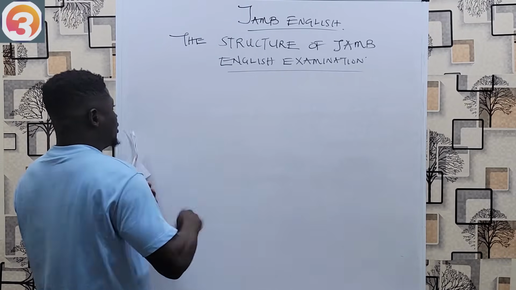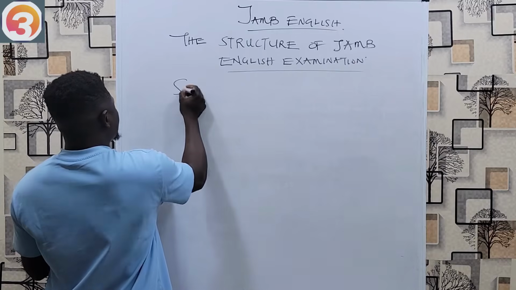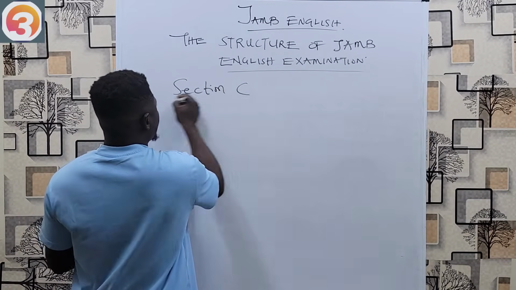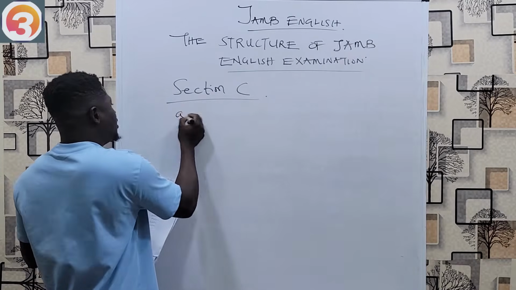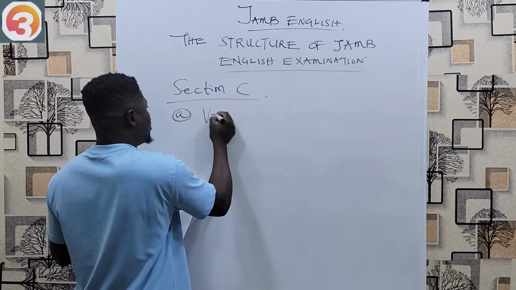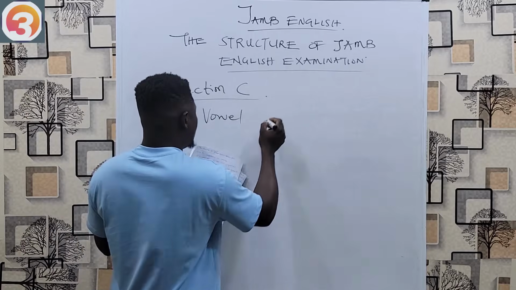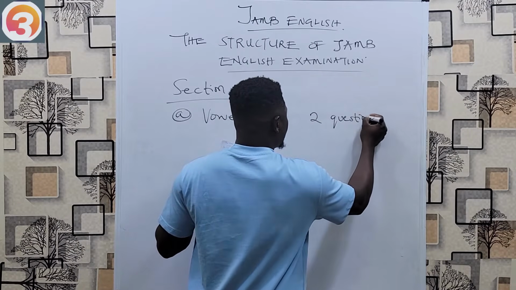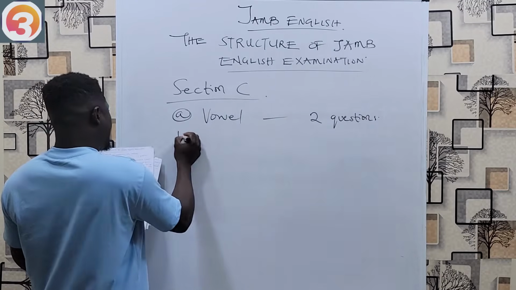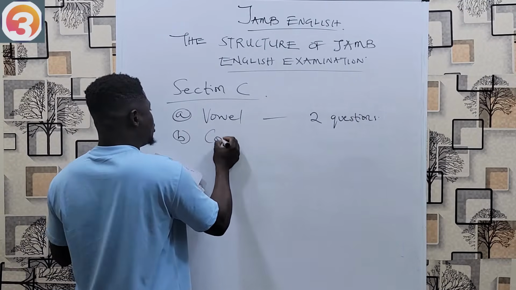For section C, we are going to have 5 parts to it. The first part is vowels. So we're going to have 2 questions from vowel sounds. Then the second part, consonants.